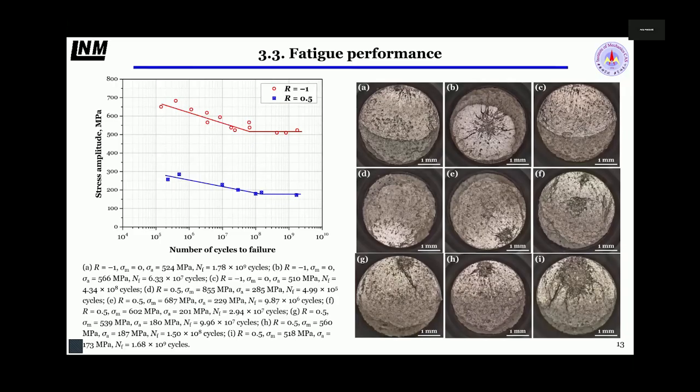It's easy to find the dark region. The dark region means the crack initiation region. This small one is very large for the stress ratio 0.5, and the crack initiation region is still at the specimen surface, and for the -1.